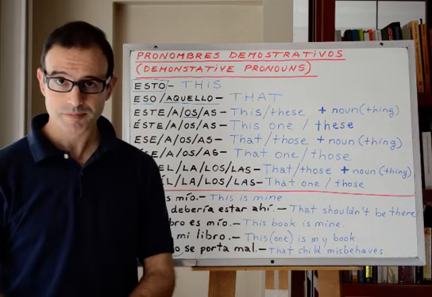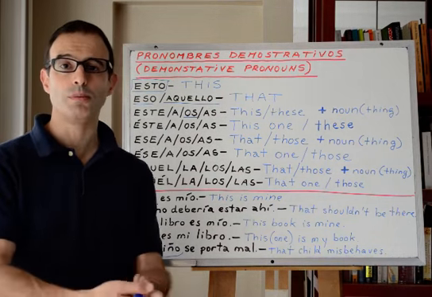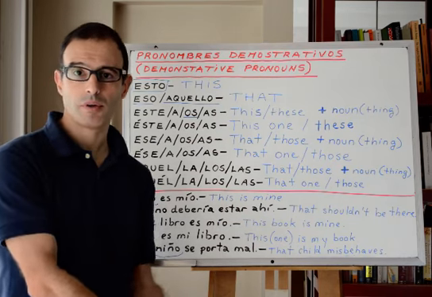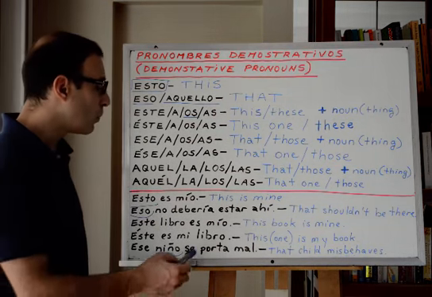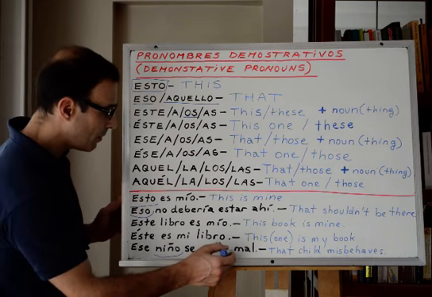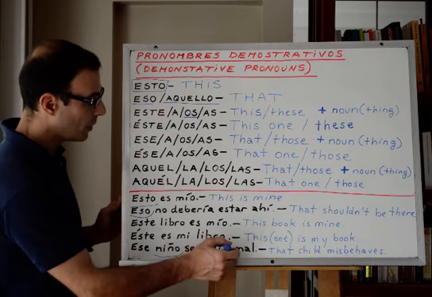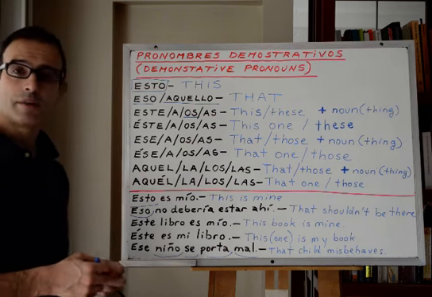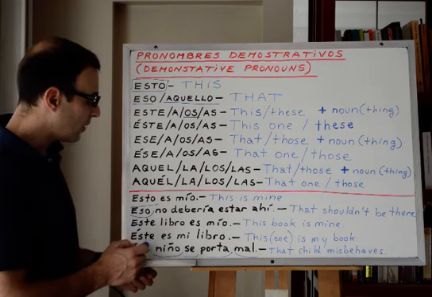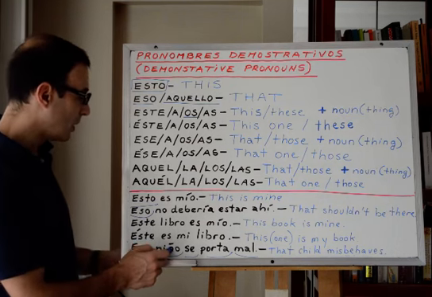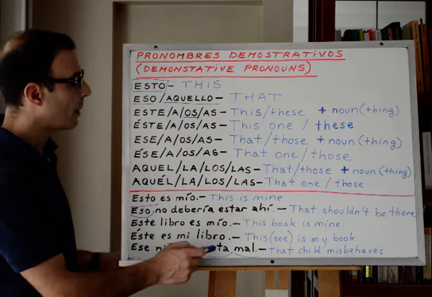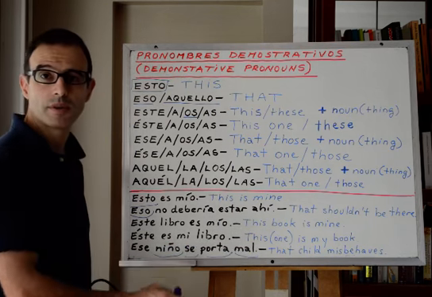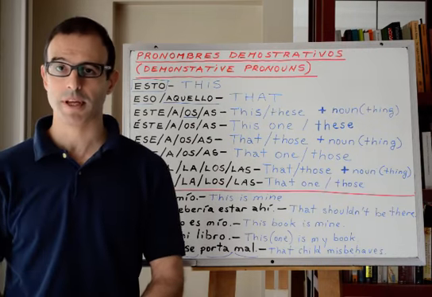In Spanish, when we use to misbehave or to behave all right, we use the verb to behave oneself, good or bad, okay? So literally this says that boy or that child behaves himself bad or wrong. Okay? That's how we would say to misbehave.